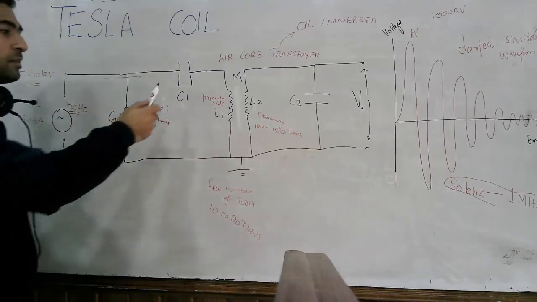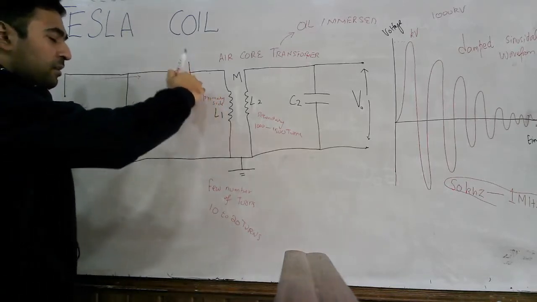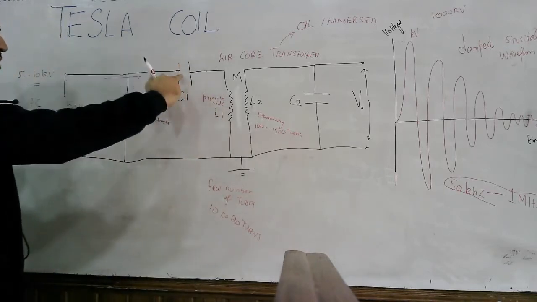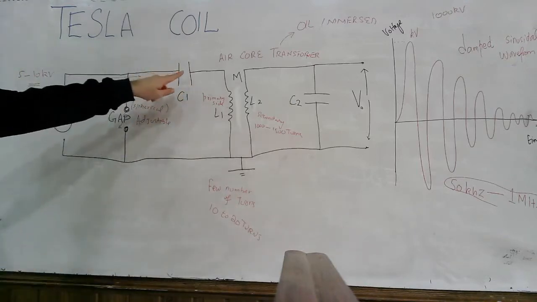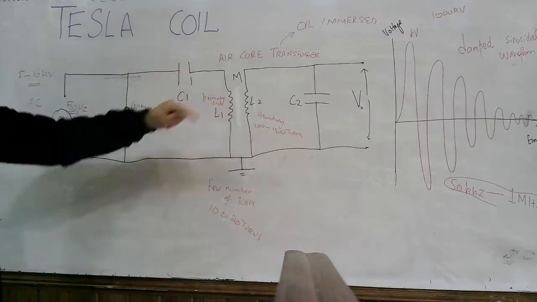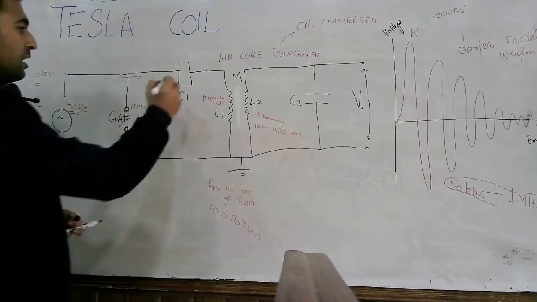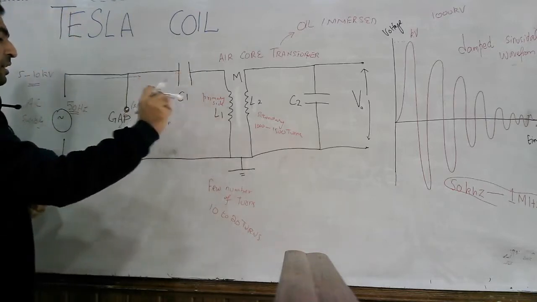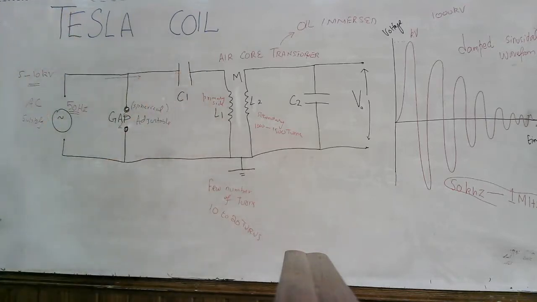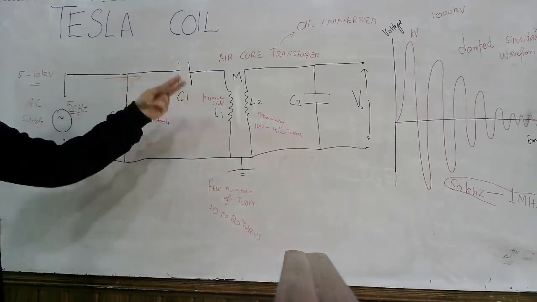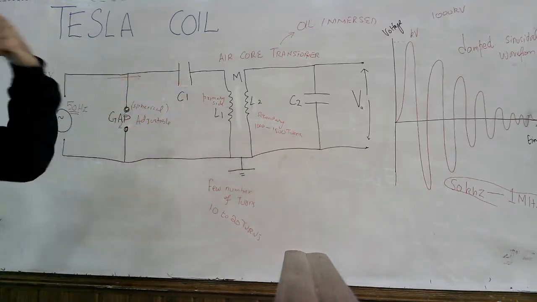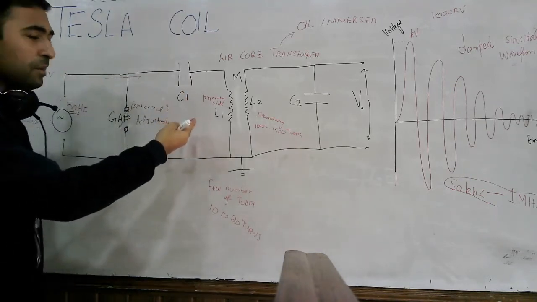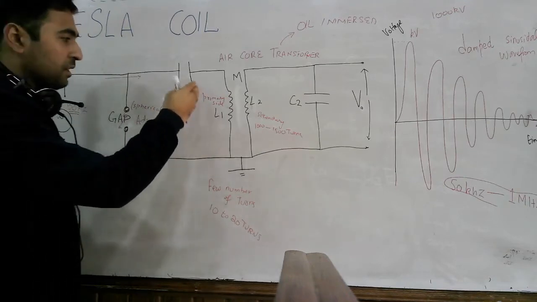Now what happens? The voltage here increases, as I told you that this capacitor opposes the change in voltage across it, and the inductor opposes the change in current. And we have carefully chosen this capacitor and inductor in such a way that resonance appears.